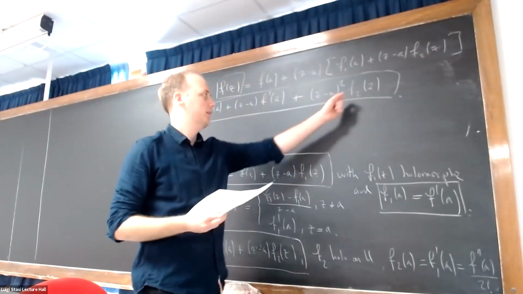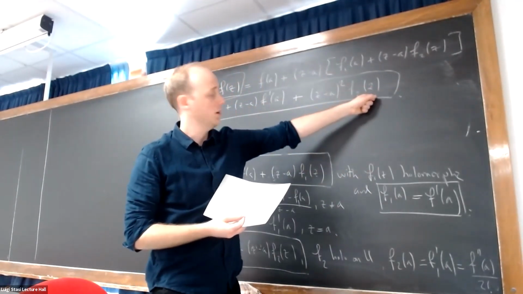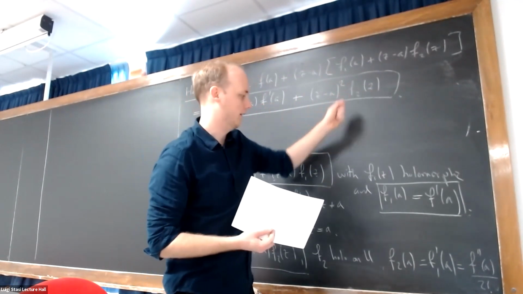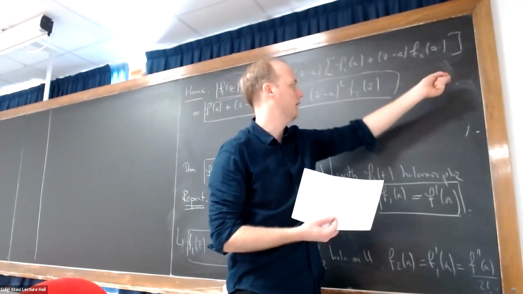And then I can repeat and continue developing this f2 of z. And what will happen is that I will get here my second derivative of f at a over 2 factorial, and then plus f3 and so on.